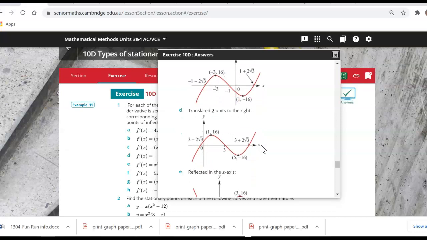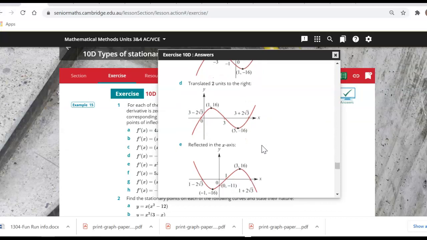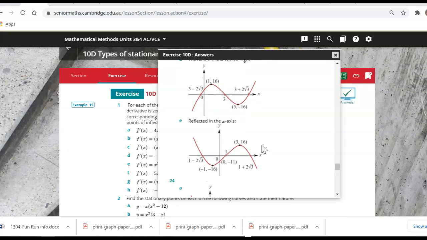Then with question D, we've got f of x minus 2. So this time we're moving the graph of f of x 2 units to the right. Okay, so we can do the mapping again, but this time for the x coordinate we're adding 2 each time. And to get the y-intercept, you can just substitute x minus 2 into your function. And then part E, it's being reflected in the x-axis.